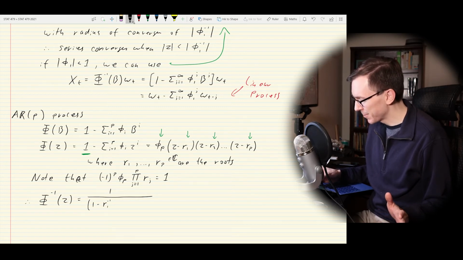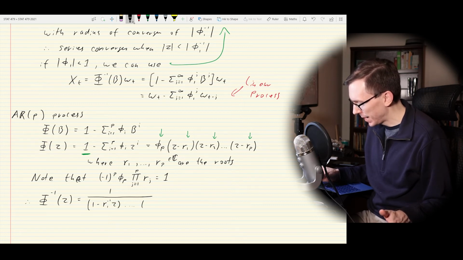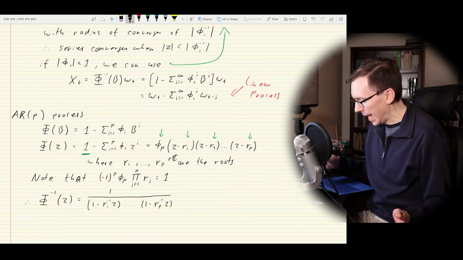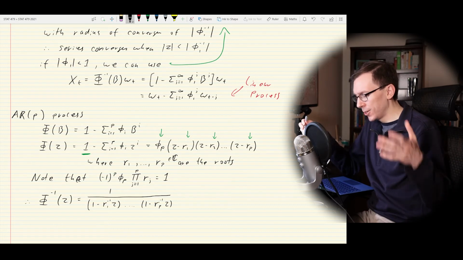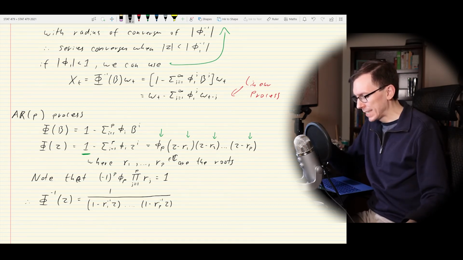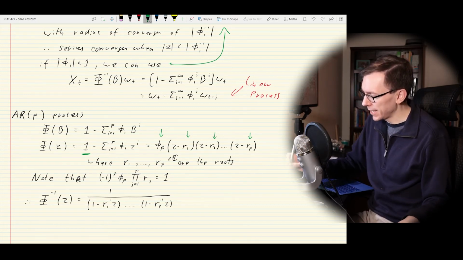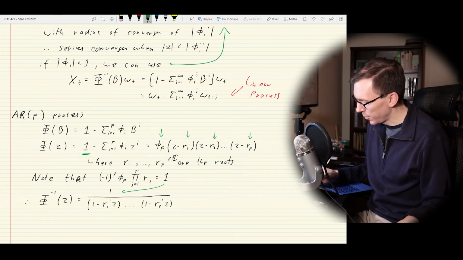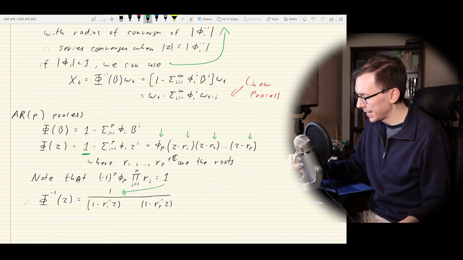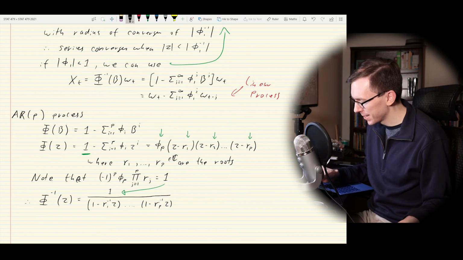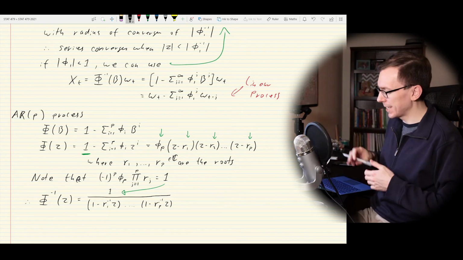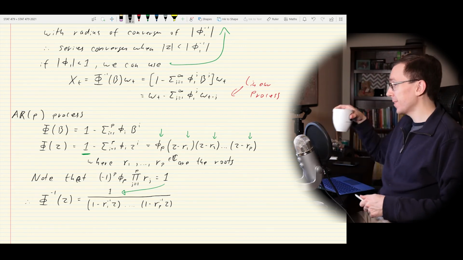So this is the reciprocal of the first root, and then we're going to multiply by 1 minus r all the way up to r_p to the minus 1 times z. And the point is that all the other terms multiply together to get 1, which is why there's this 1 on top, which is the point of this kind of silly thing I wrote about the product of all these things being 1.